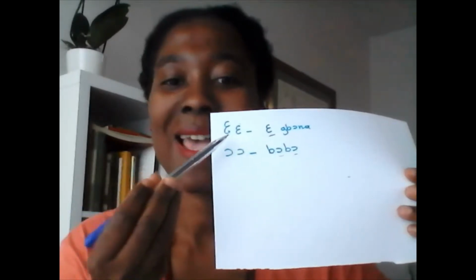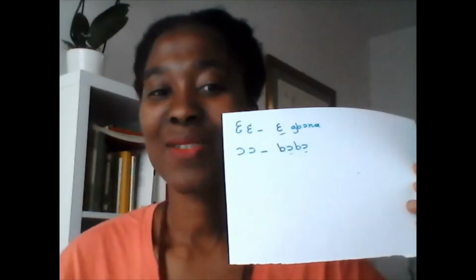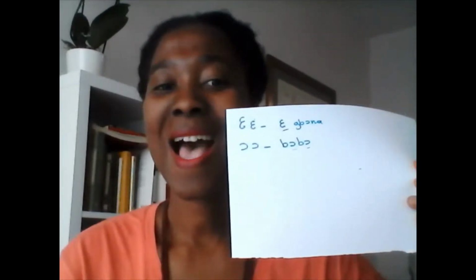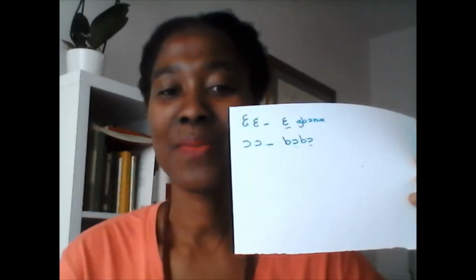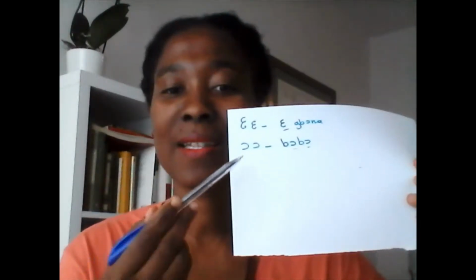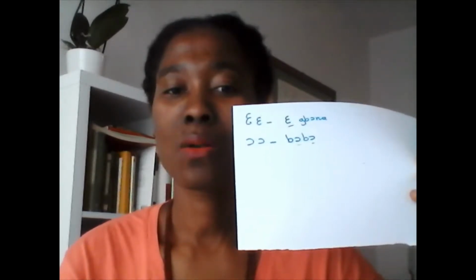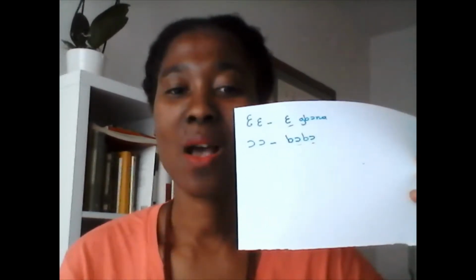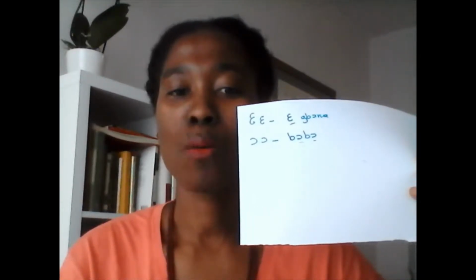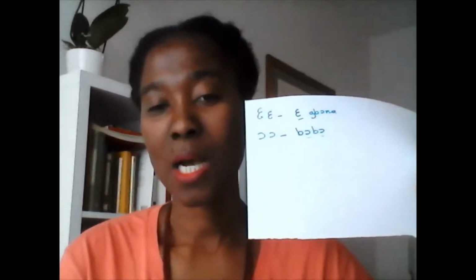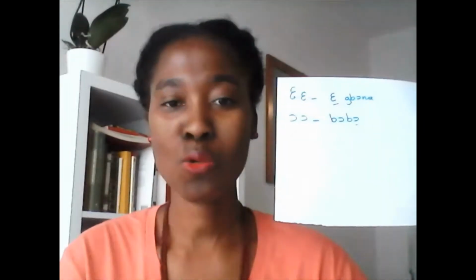This is e. So the example is elbon. And the second is o. So the example is bo, bobo, which is cooked beans.